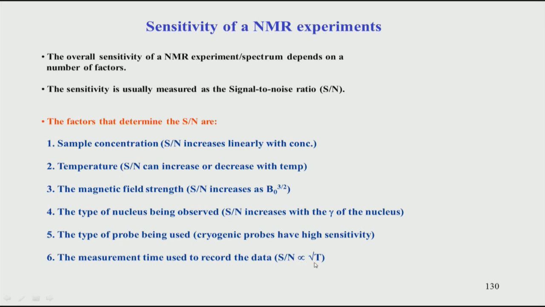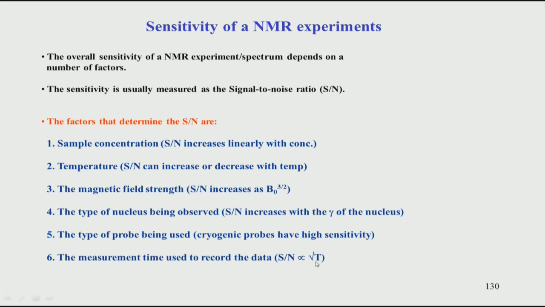This square root comes from what I discussed in the previous slide: when you increase the number of scans, your signal increases proportionately, but the noise increases only by the square root of scans. So, when you take the ratio of signal to noise, this is proportional to the square root of the scans. Square root of scans means square root of time, because if I double the scans, I double the time. If I increase the scans by 10 times, I increase the time by 10 times. So, time and scans are directly proportional.